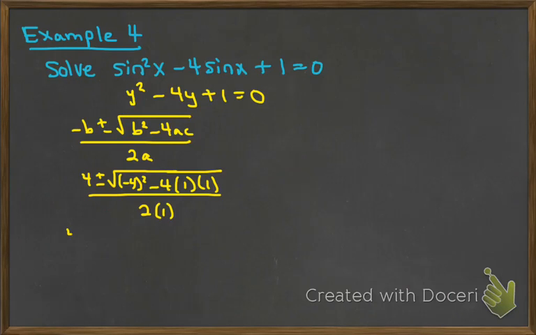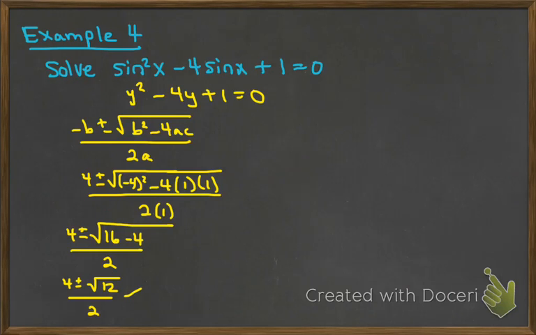So I end up then, when I start simplifying this, with 4 plus or minus the square root of 16 minus 4 all over 2, or 4 plus or minus the square root of 12 all over 2. So now with these types of problems, when you have to use that quadratic, go ahead and convert them to decimals.